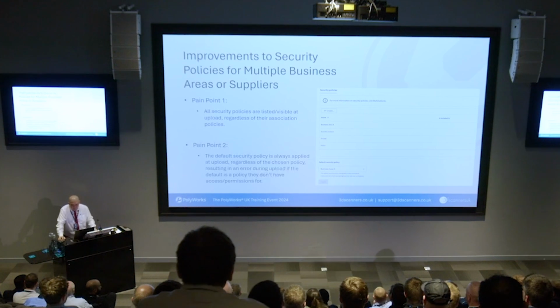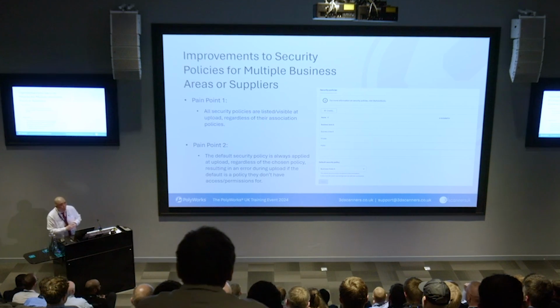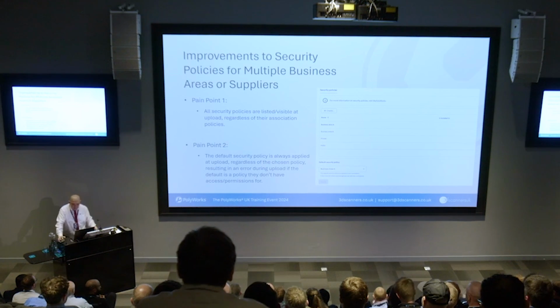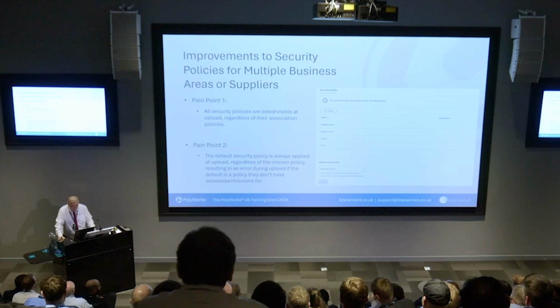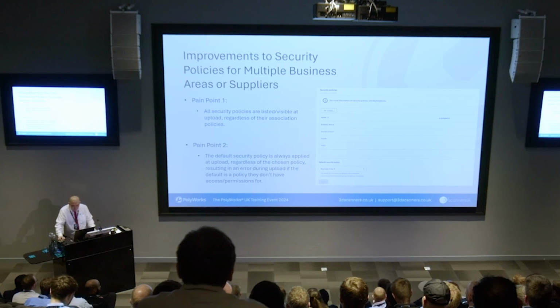The second pain point was, despite which policy you chose to upload to, DataLoop would actually upload to the default security policy, which was specified within the DataLoop core administrator, often resulting in errors telling the user they don't have access or privileges to upload to, which can confuse them, even though they think they do. Because of this default policy, it's confusing.